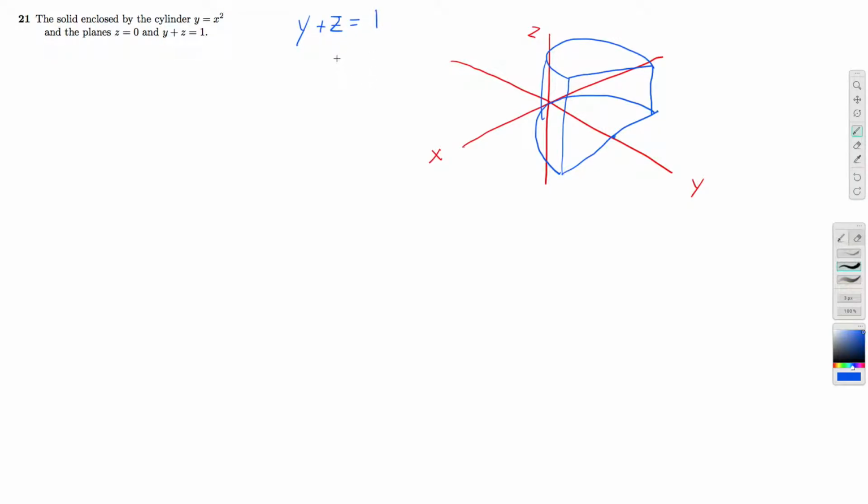So to find the y-intercept, you just let z equal 0, that's 1. And to find z, you let y equal 0, which is, I don't know, somewhere here. So you got a plane going that way. So imagine that as a plane, and it's bounded that way. That's really hard to see. You're kind of dealing with that area.